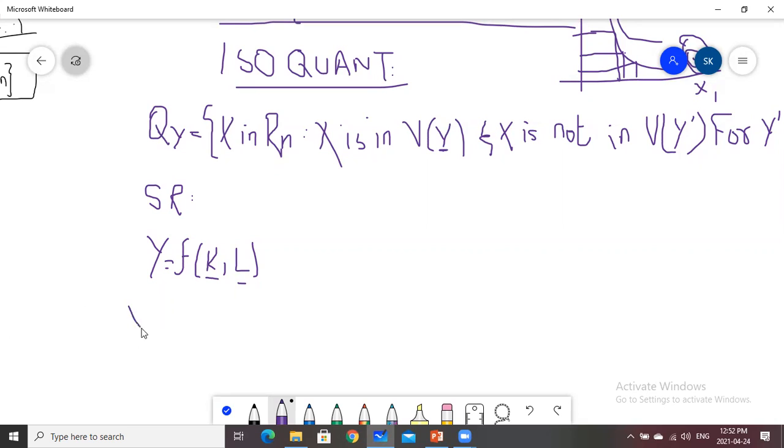Therefore, Y of k is equal to, this is small k, let me write it again.